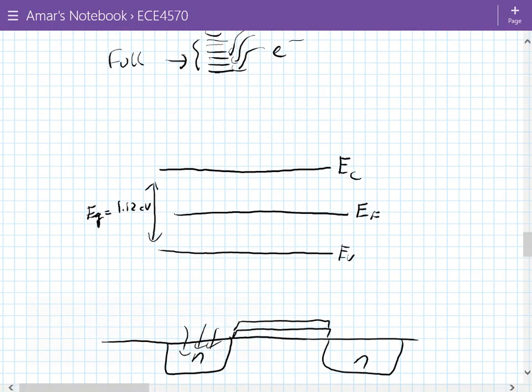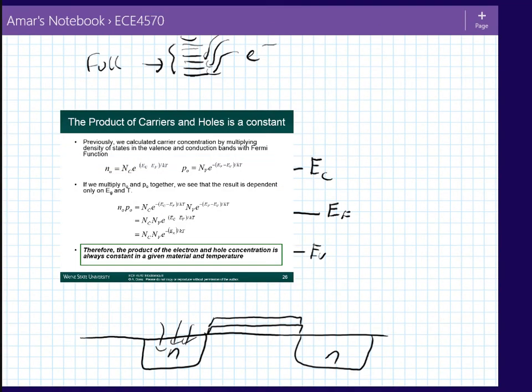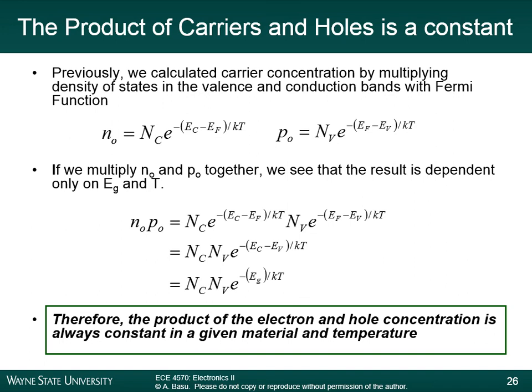This is EC, and this is EV. For silicon, the difference between them is 1.12 electron volts. That's the band gap, a constant for a given material. Diamond has 4-something electron volts, gallium arsenide is 2-point-something, and germanium is like 0.6. Every different material has a different band gap. So this EC minus EV is just the band gap.